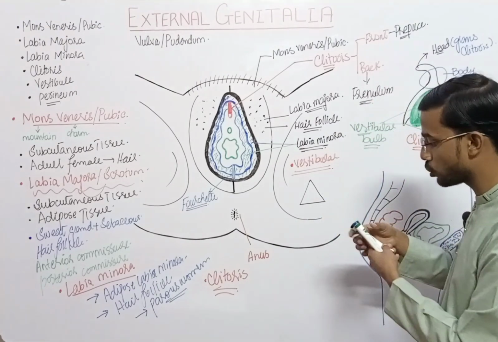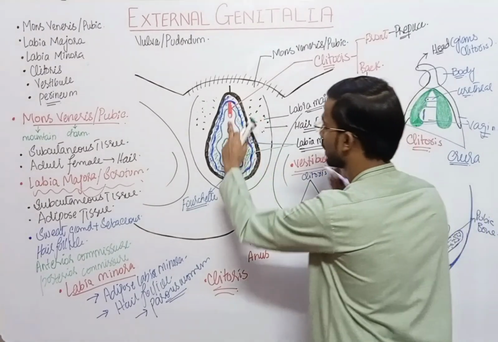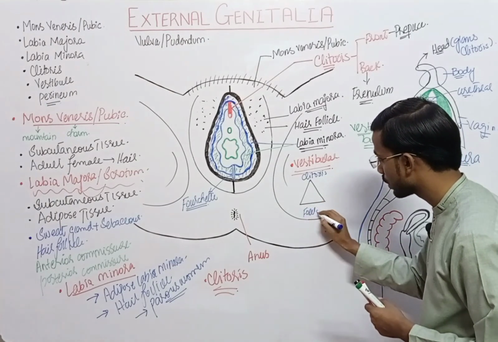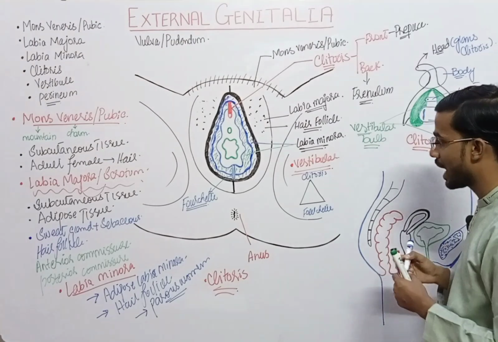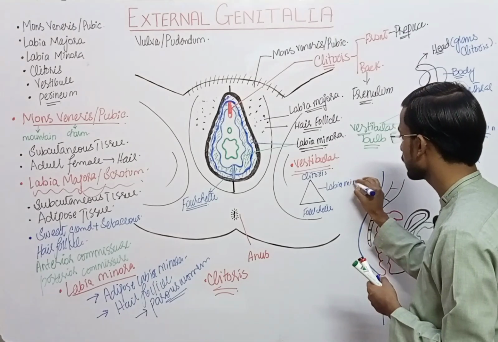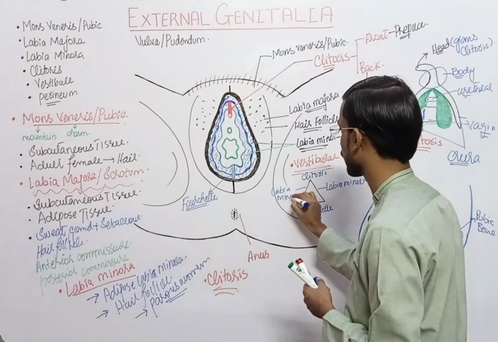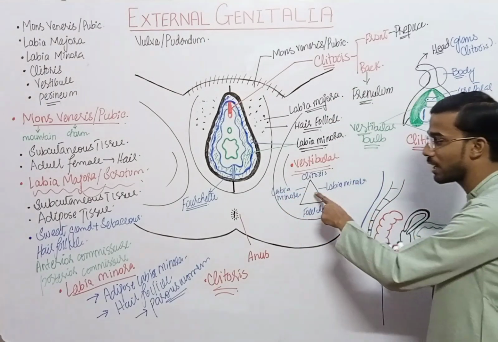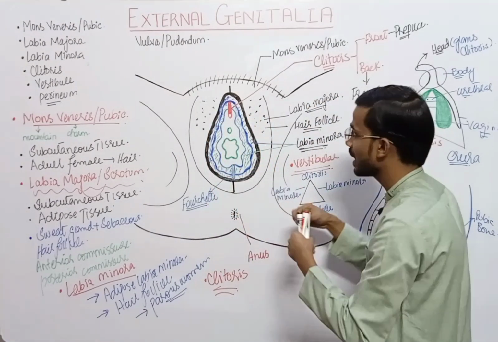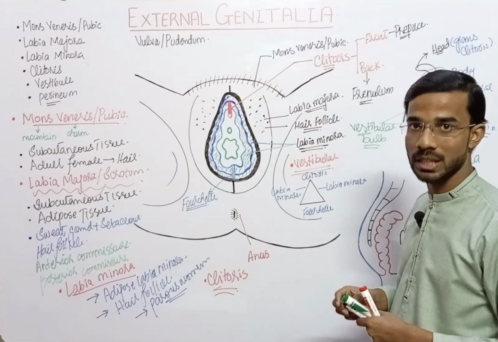At the top side you will see the clitoris, and at the posterior side you will see the fourchette. At both sides you will see the labia minora. So at the front side you will see the clitoris, and at the beneath side you will see the fourchette.